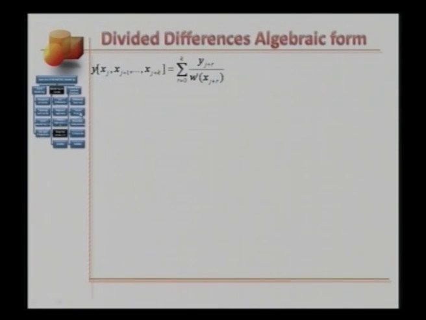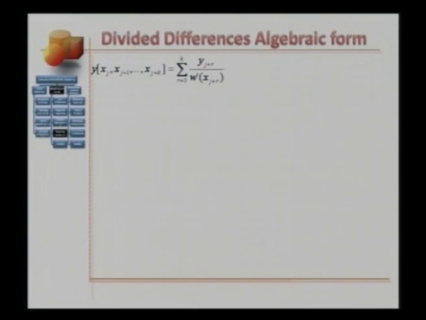So y within square parentheses x sub j plus 1 up till x sub j plus k is written as summation, with index r going from 0 to k, of y sub j plus r over w prime. This probably is not clear. W prime, that is the first derivative of w.